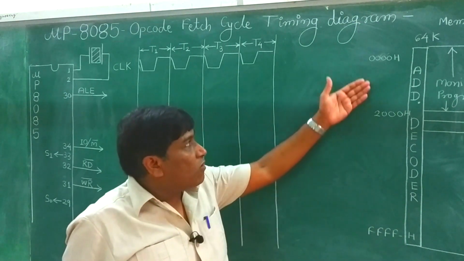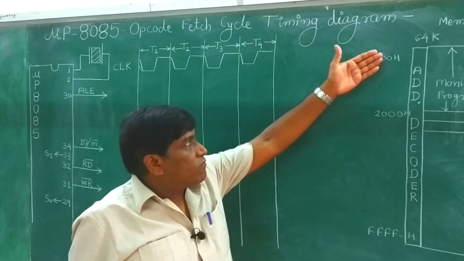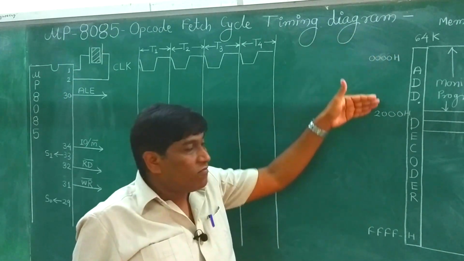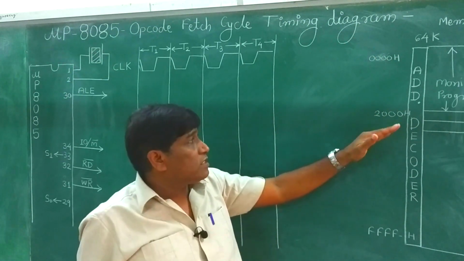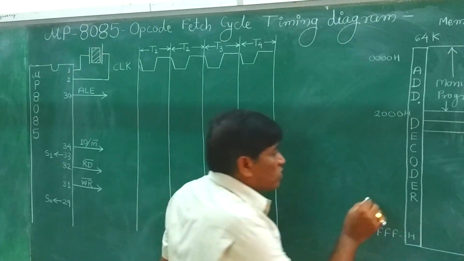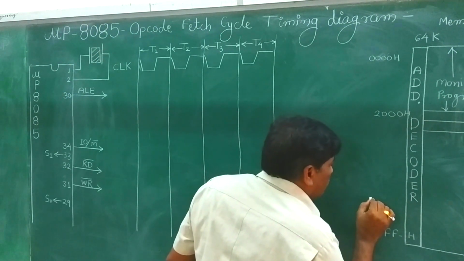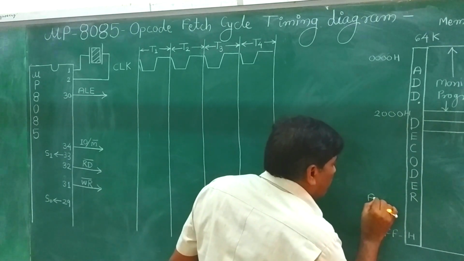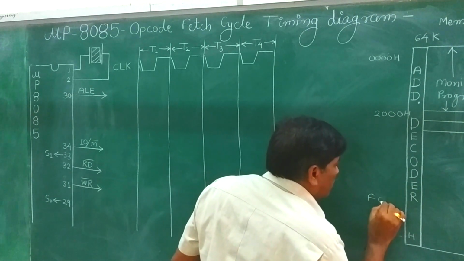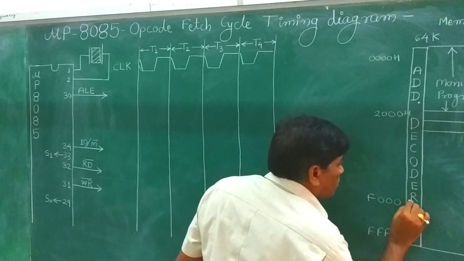And out of this 64 kilo memory, some memory will be used by the monitor program, some memory will be used by user memory, say up to F000.